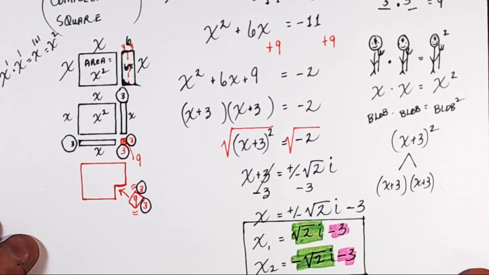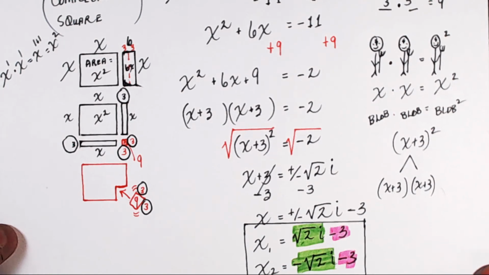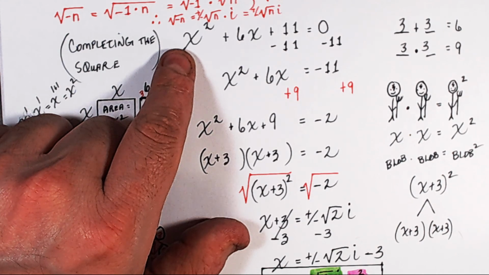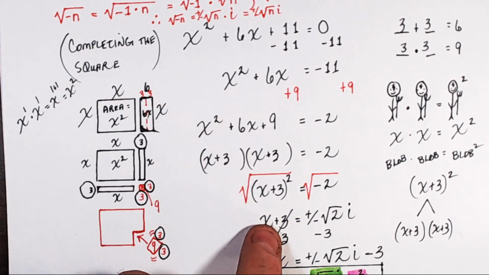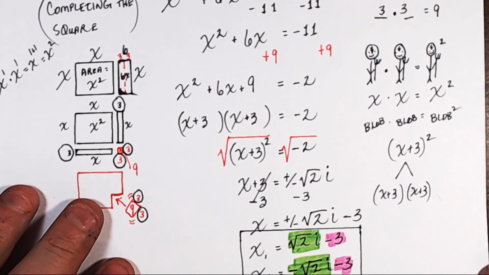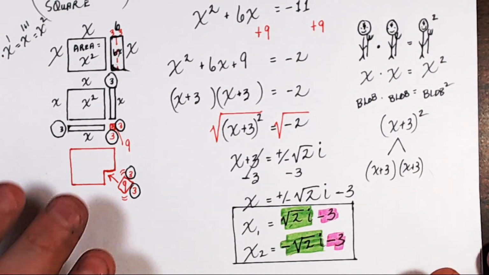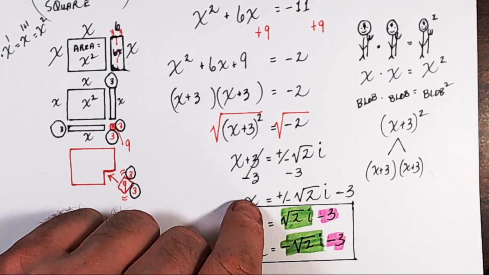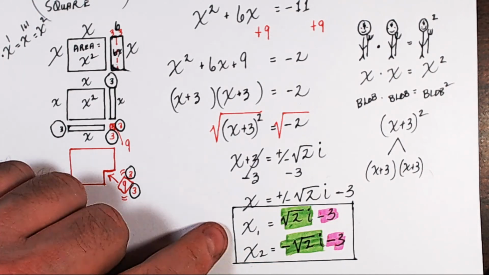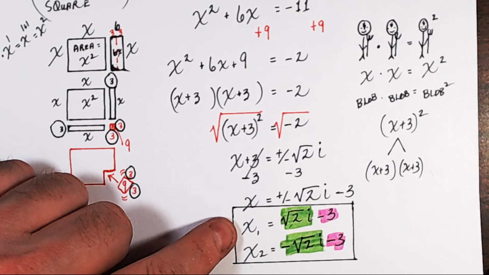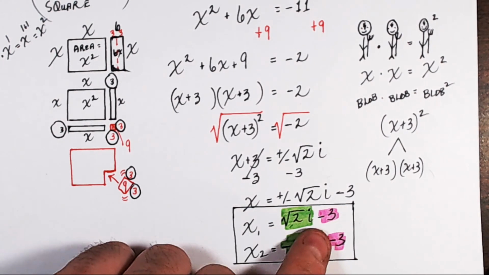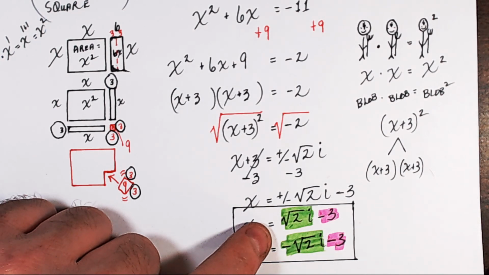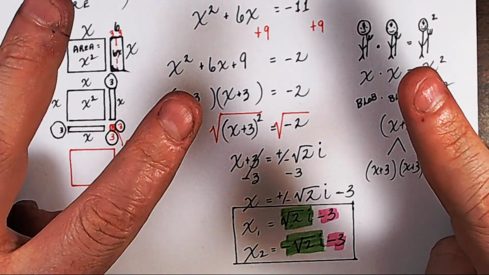We found that by completing the square, we could take this quadratic equation and factor it, take the square root of that perfect square factor, then also take the square root of the constant on the other side of the equal sign, and that we would end up with exactly 2 solutions, both of which have a real component and an imaginary or complex component, making these 2 complex solutions.